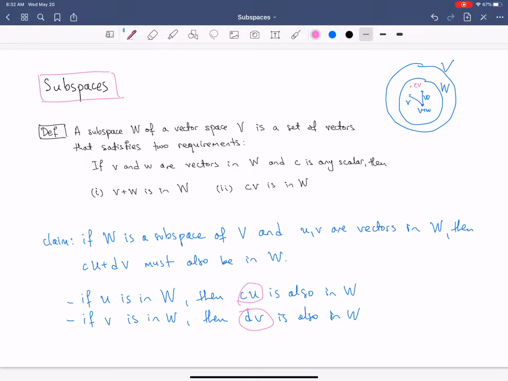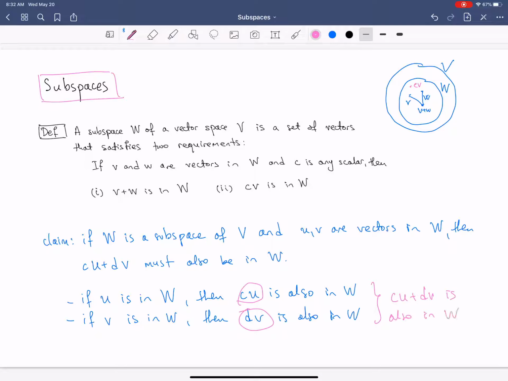Then let's use the first rule, which talks about the sum of two vectors. If you have two vectors in the space, then their sum is also in the space. So by the first rule, cu plus dv is also in W.